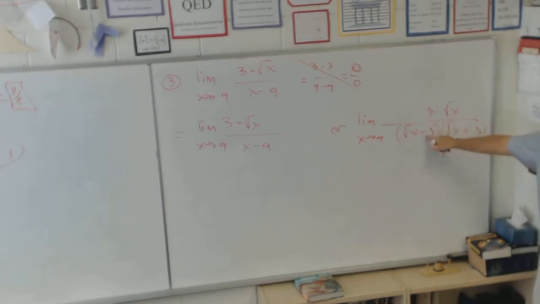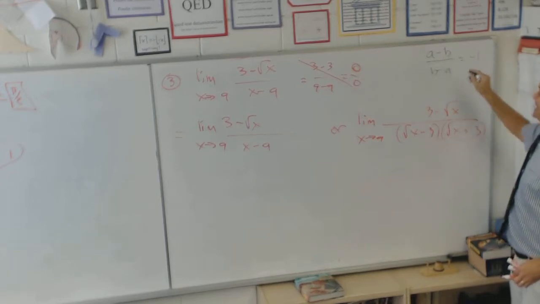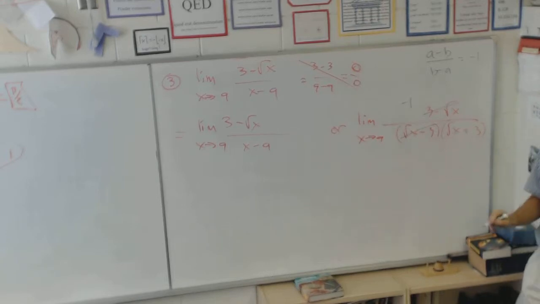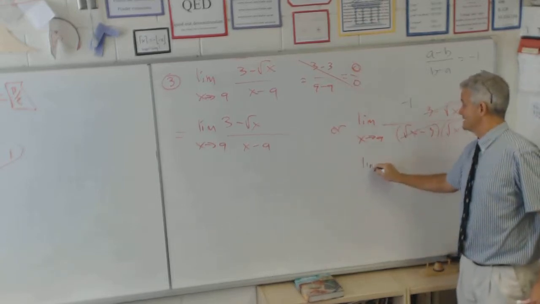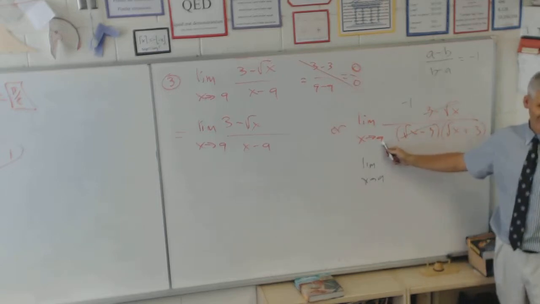And if we do that, what happens to the square root of x minus 3 and 3 minus the square root of x? Yeah. They cancel and get you -1. They're opposites. You have to know that a minus b over b minus a is -1 without hesitation. So our problem is the same as, so we don't care about what's happening at 9. You understand?